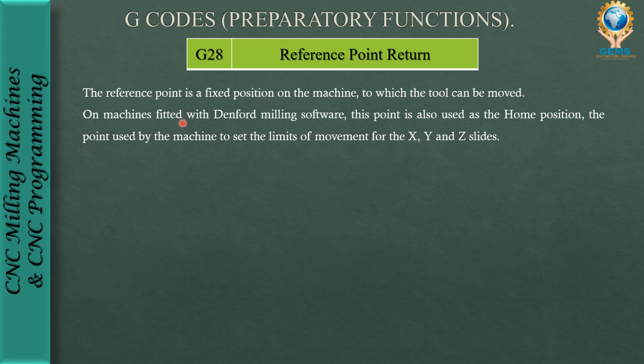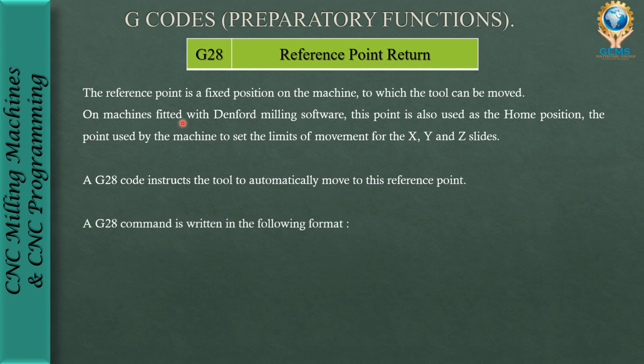When you give this code, it brings the tool back to the home position. The G28 code instructs the tool to automatically move to this reference point, and the G28 command is written in the following format.